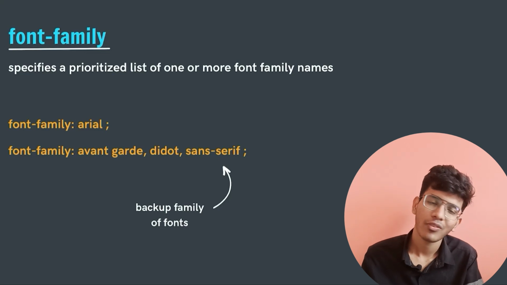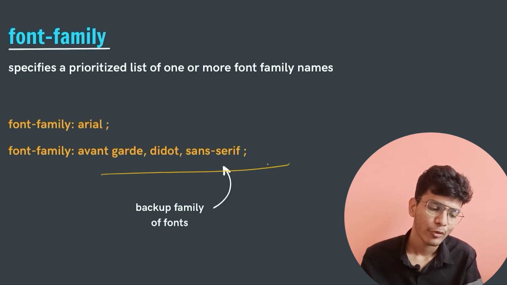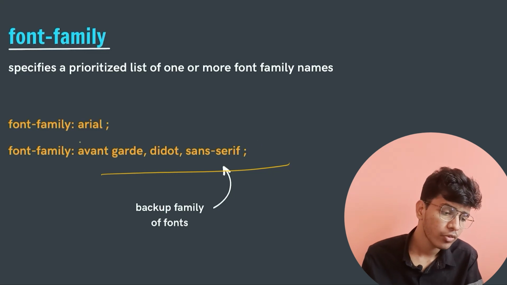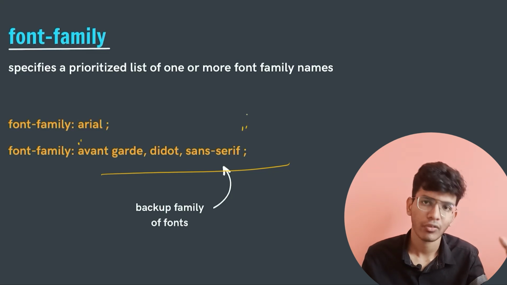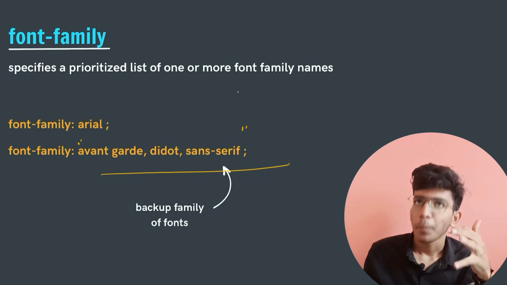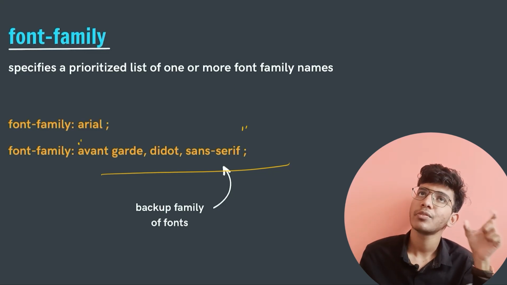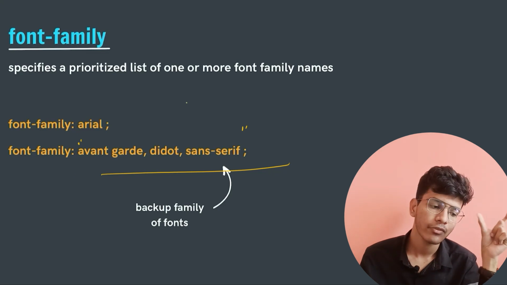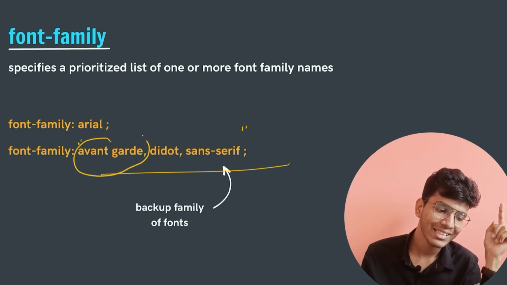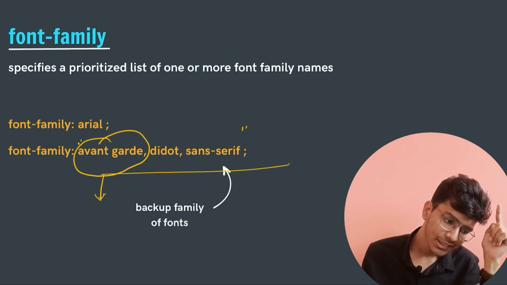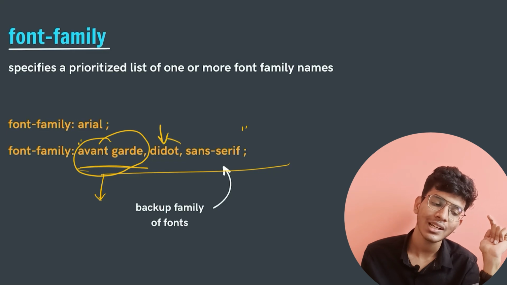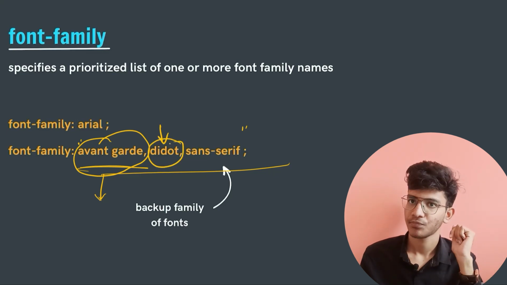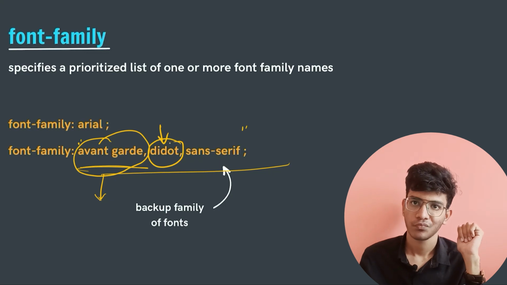And we have talked about font family. We have different types of font family like this. And if you notice, whenever I am writing font family, I am getting multiple things. Why I am getting multiple fonts here is that some browsers will not understand a font, and if they don't understand the font, let's say there is a font called avant-garde and Safari is not understanding this font, then Safari will consider the second font as your font style, right?